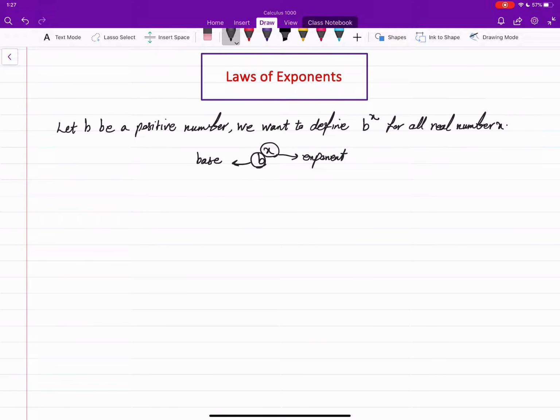So the base needs to be positive, but we want to be able to write b to the power x for general x.